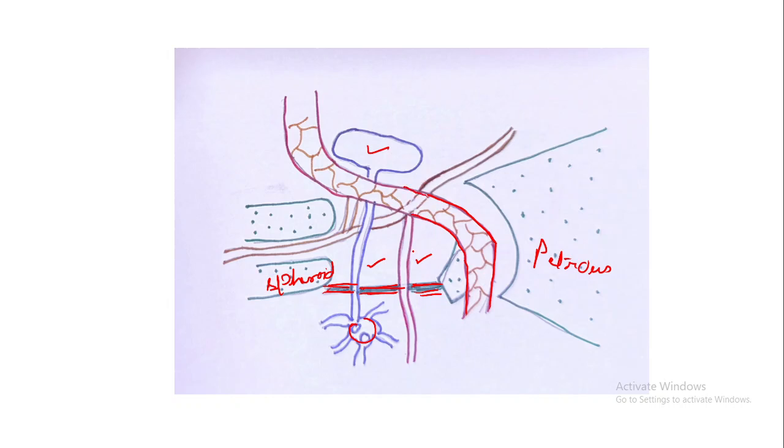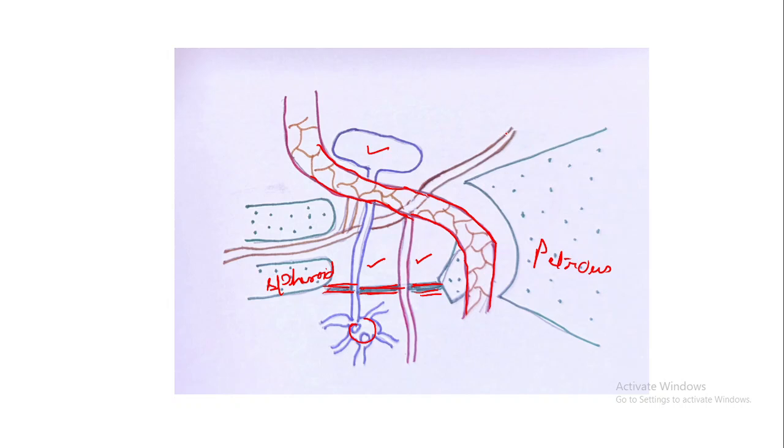It does not traverse the whole length of foramen lacerum, but goes through the superior part and reaches the middle cranial fossa. Here is the middle cranial fossa. So this is the internal carotid artery. In the contents of foramen lacerum, in the superior part, internal carotid artery is present, but it does not traverse the complete length of foramen lacerum.